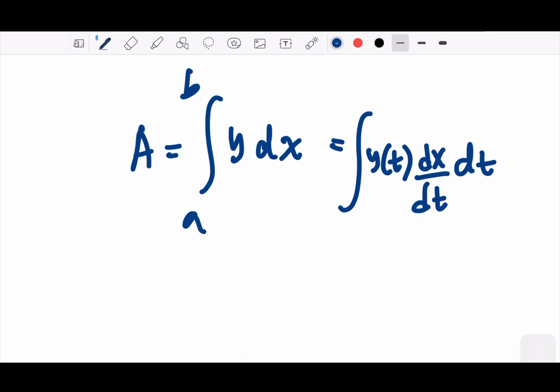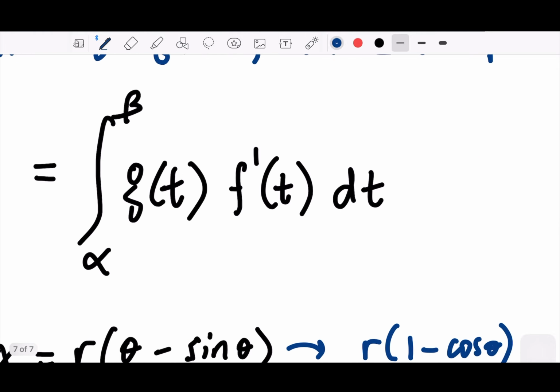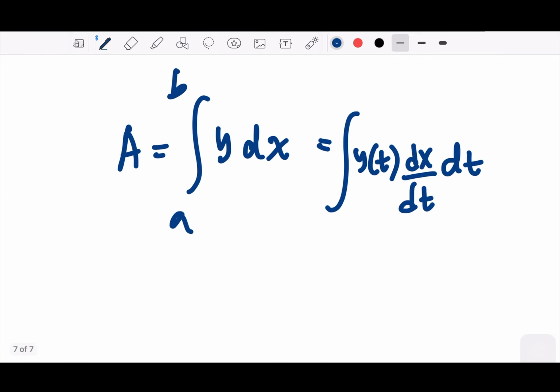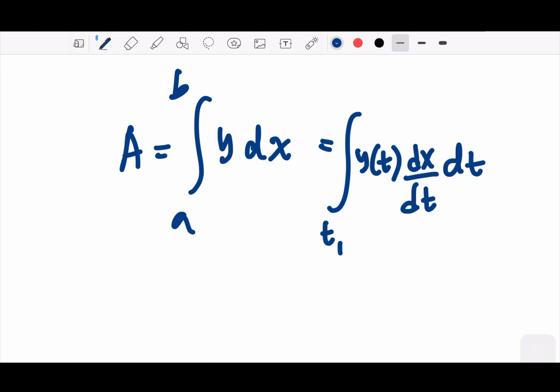So that's why the formula becomes like this. This is actually the same thing here. I think this is easier to comprehend, because we have done the chain rule, and this is just basically manipulating so that this term is equal to this. But of course, this is changing into another variable t that we want to evaluate.